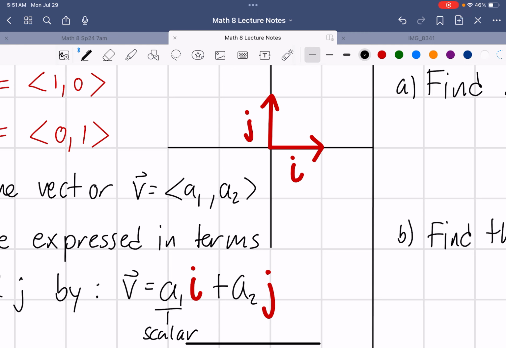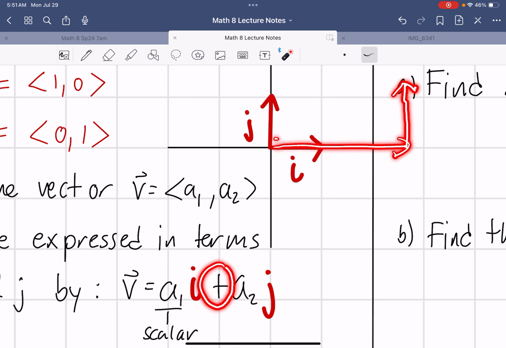a scalar. Now remember, because i is a vector of length 1, the moment I multiply by any other number, it's going to become that length. So what happens here is I can make i into any length I want. And then I can make j into any length I want.